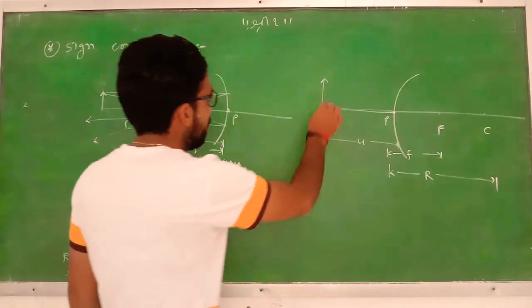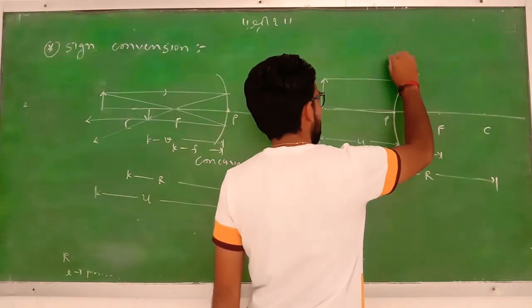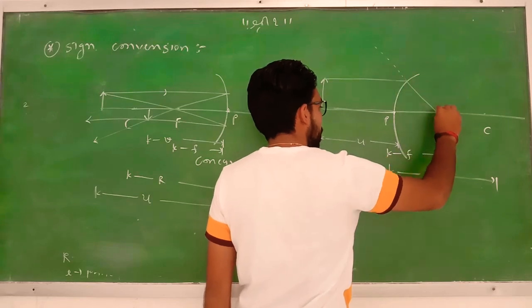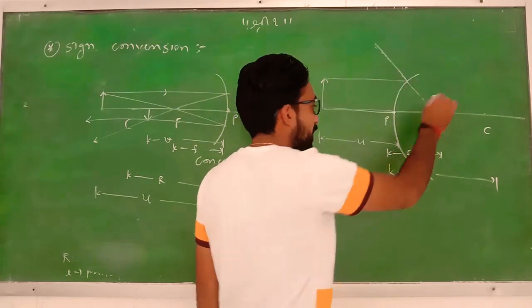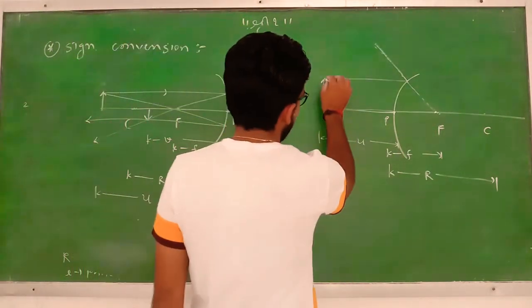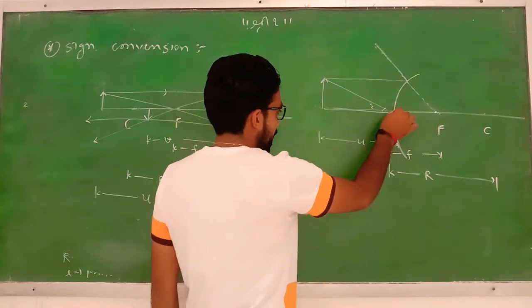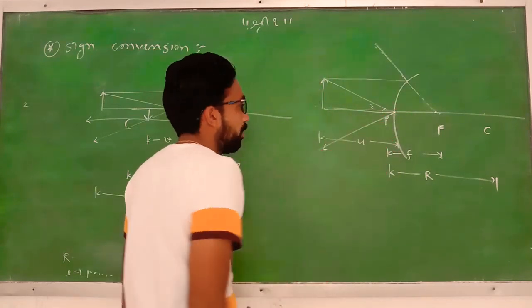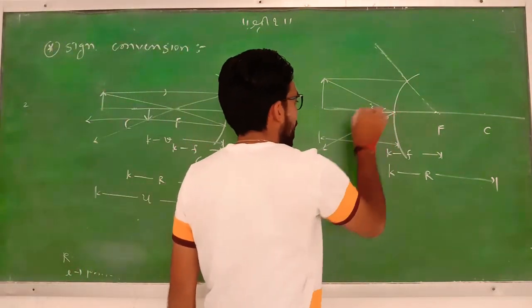A ray which is parallel to the principal axis is reflected after reflection in such a way that it passes through the principal focus F. Now consider one more ray, incident at some angle i. After reflection, the ray is reflected in such a way that r and i are the same.